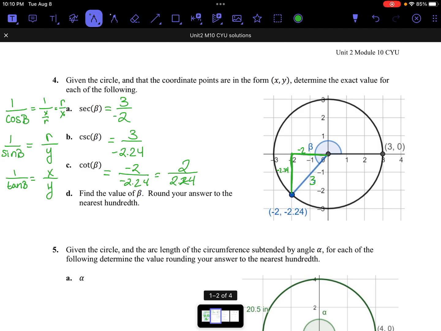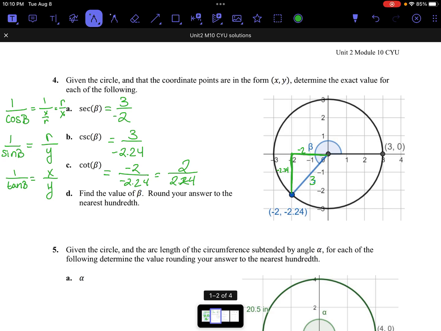Now, in part D, we're asked to find the value of beta. In this particular case, our inverse function is not going to be able to get exactly to the angle in quadrant 3 without using some symmetry or reference angles. I personally like to change these back into their sine or cosine values before using the inverse, though if you are using Desmos, Desmos does have inverse of our reciprocal functions.